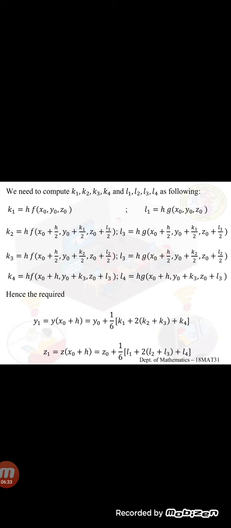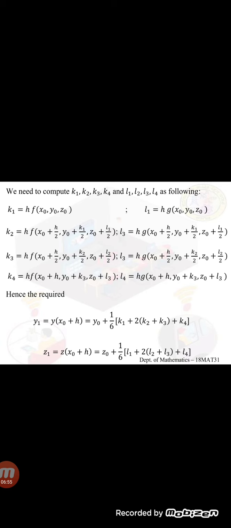L3 is h into g of x0 plus h by 2, y0 plus k2 by 2, z0 plus L2 by 2. k4 is h into f of x0 plus h, y0 plus k3, z0 plus L3. L4 is h into g of x0 plus h, y0 plus k3, z0 plus L3.